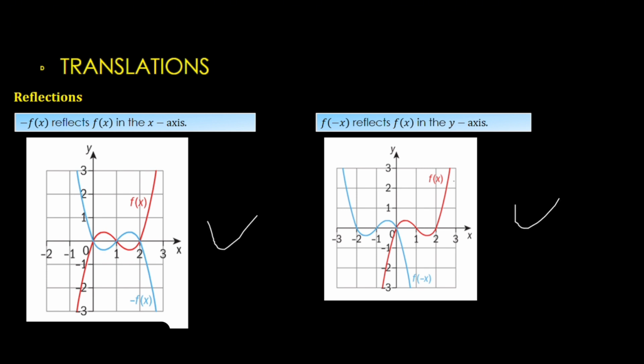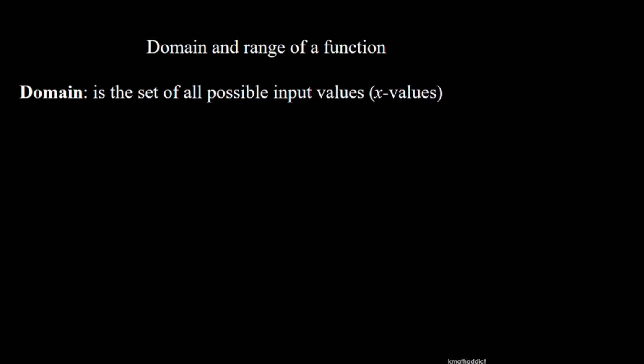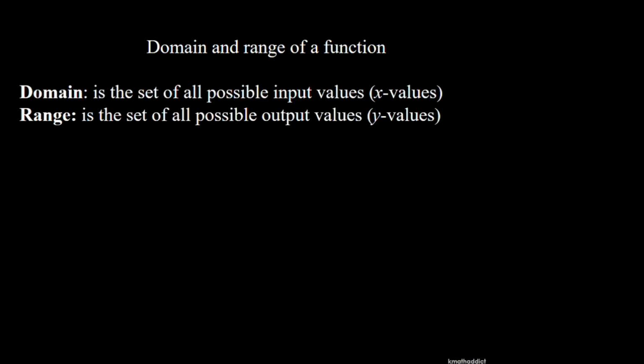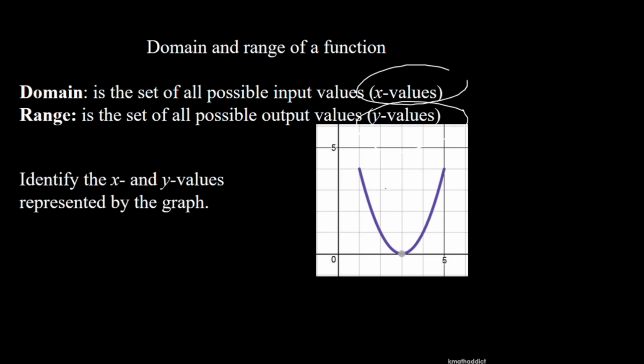Okay, and this one. Now we talk about domain and range, and how to find the domain and range of a graph. The domain is the set of all possible input values on the x-axis, while the range is at the level of the y-axis. We have this graph. This is the x-axis, and this represents the domain.